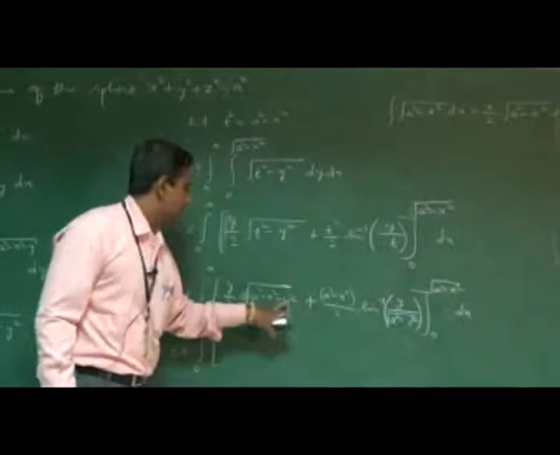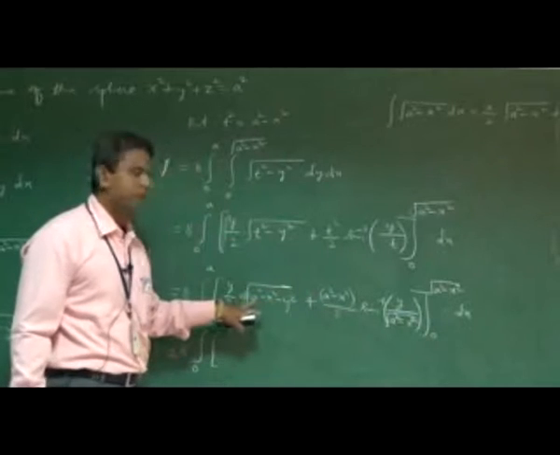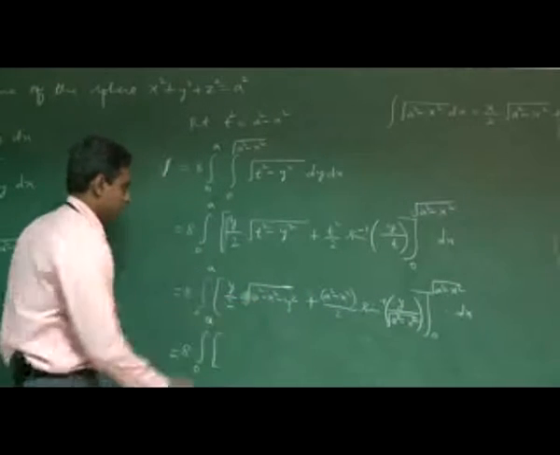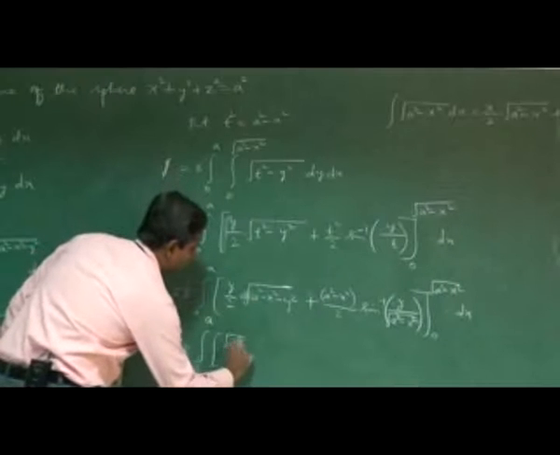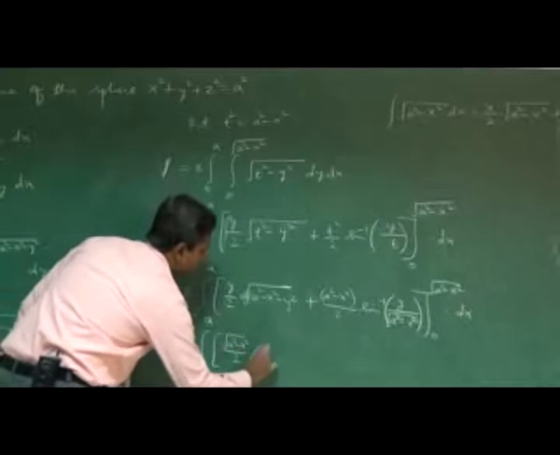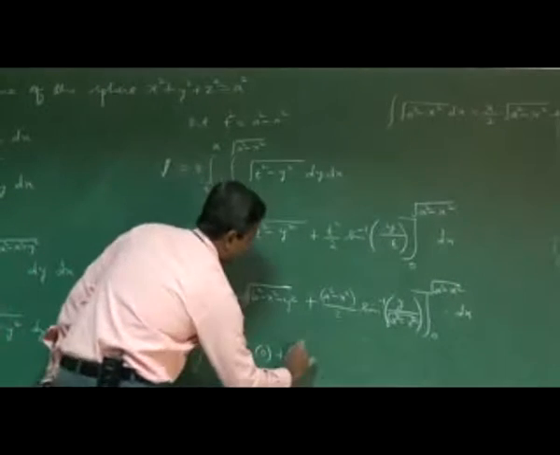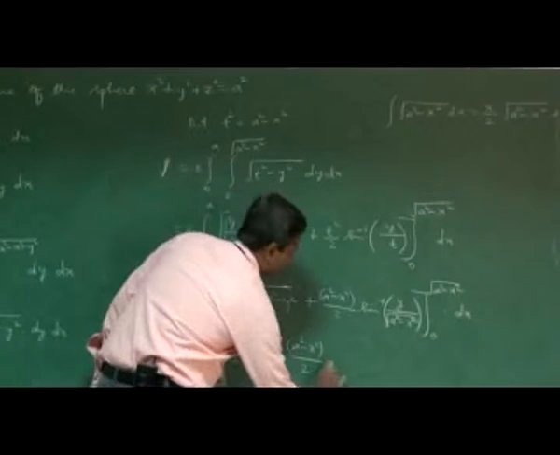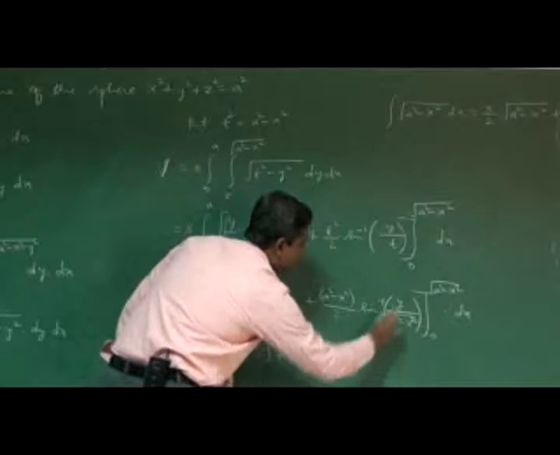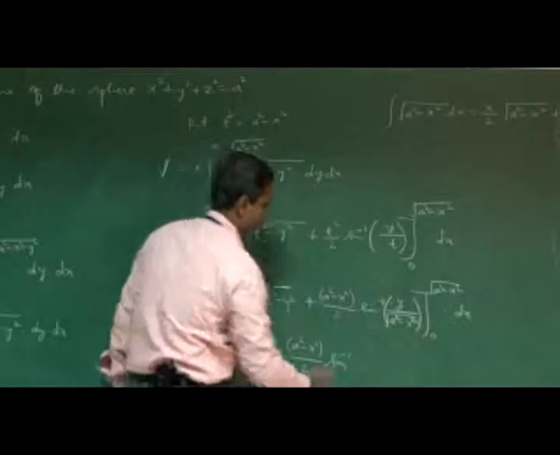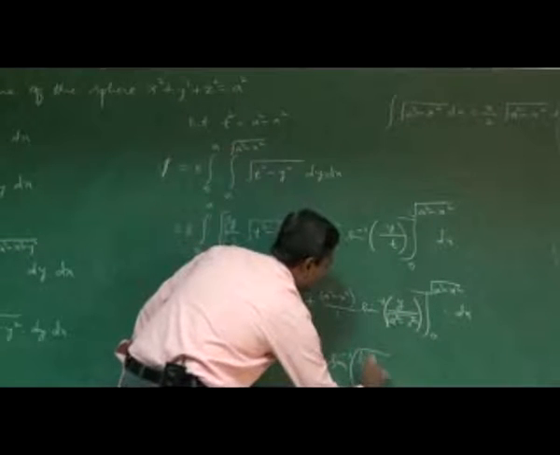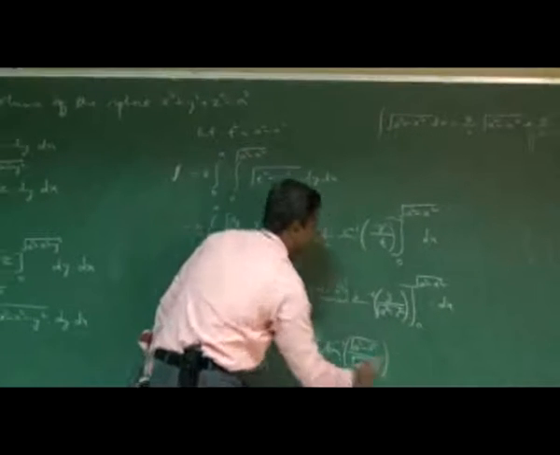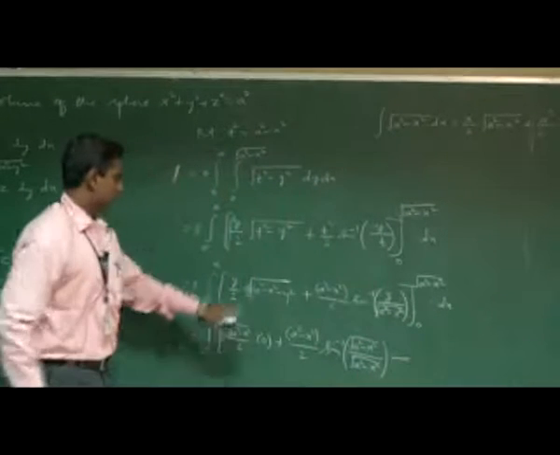You substitute minus of a squared minus x squared, and since a squared minus x squared is already there, we have got a 0 for the first term, that is, the square root of a squared minus x squared divided by 2 into 0 for the first limit, plus a squared minus x squared divided by 2 into sine inverse of y, where y is the square root of a squared minus x squared, divided by the square root of a squared minus x squared, minus the lower limit.